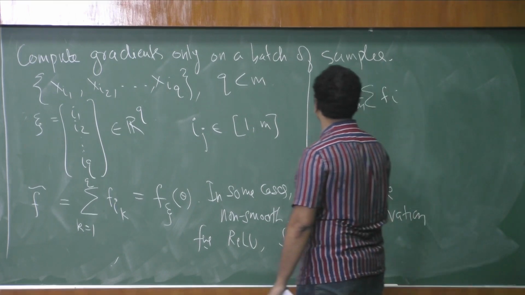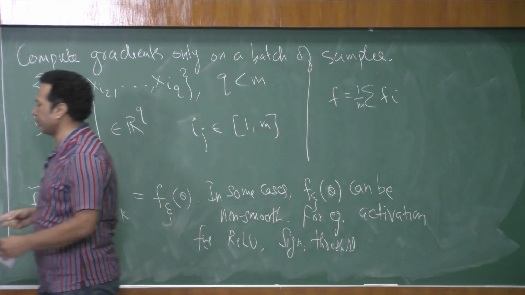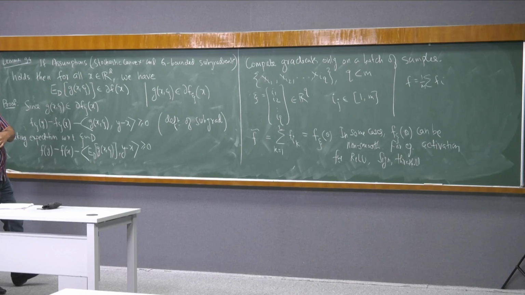So if I compute the expectation of this, and each of these are assumed to be IID, the expectation goes inside, and the expectation of the fi's are all equal because they are IID. Then eventually the m gets cancelled, because it is m times the expectation of some fi. So basically the expectation of any fi is f.